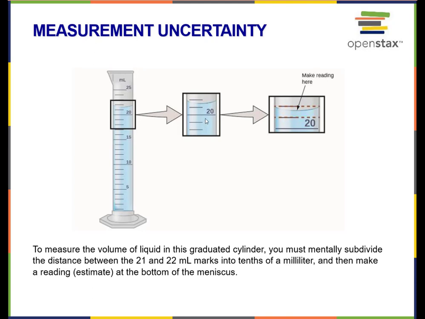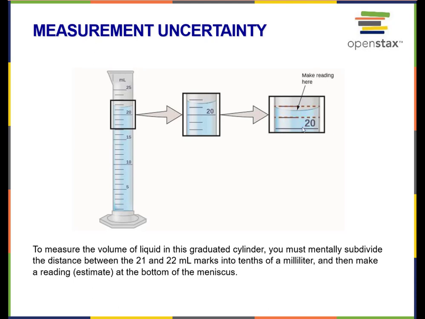So when we go a little bit closer, we can see that it's about 21, and we always want to measure from the lowest part of this curve, the lowest part of the meniscus. So here at this scale, it looks like it's maybe about halfway through, maybe 21, and then halfway between 1 and 2, so maybe 21.5.